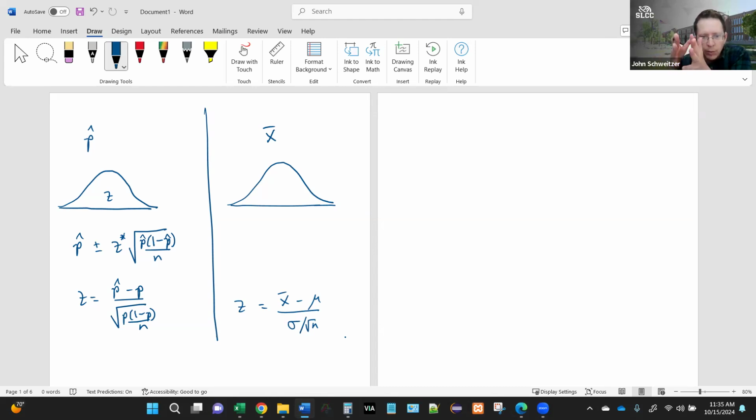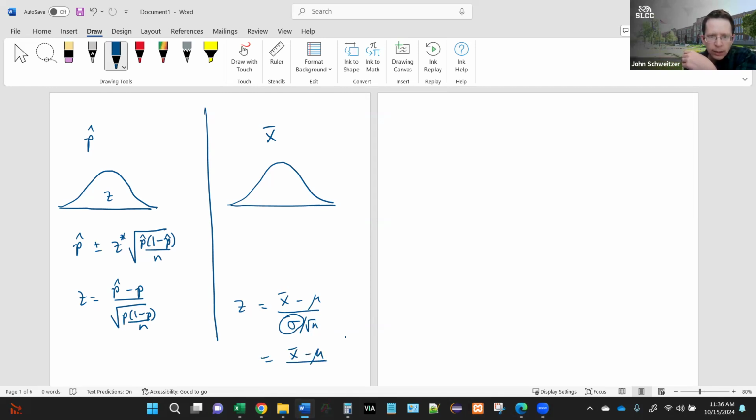Okay, and so if that's your plan, if that's your idea, then that's correct. But there is a problem here. And the problem is we don't know what sigma is. If you're trying to figure out what the mean is, then you almost certainly don't know what sigma is, what the spread is, right? So that's a problem. And so what we do is we do the next best thing.